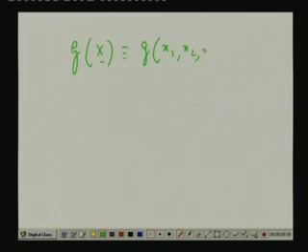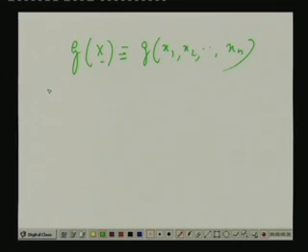Then again, suppose we have got a single function g(x), x is a vector. Basically, x is a set of n random variables x1, x2 up to xn. Okay.